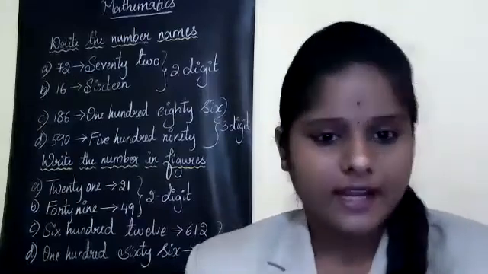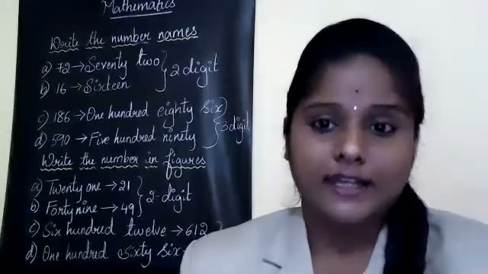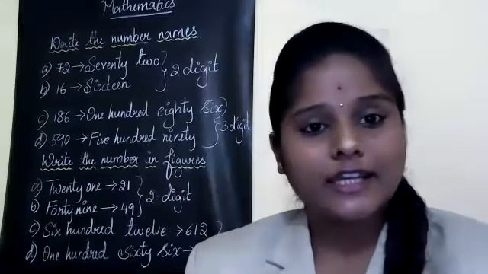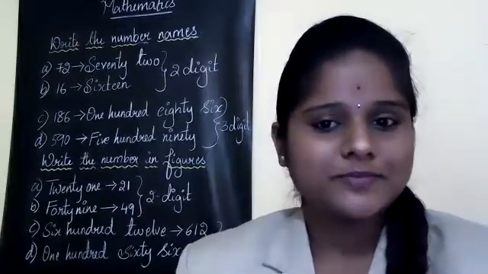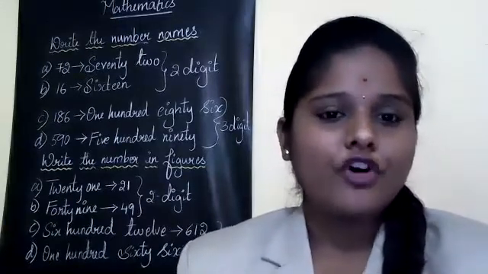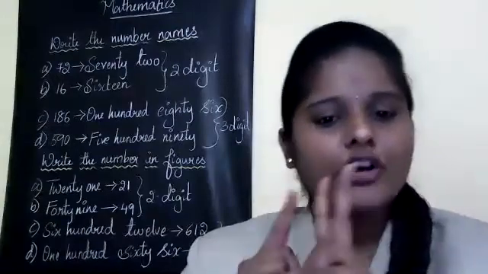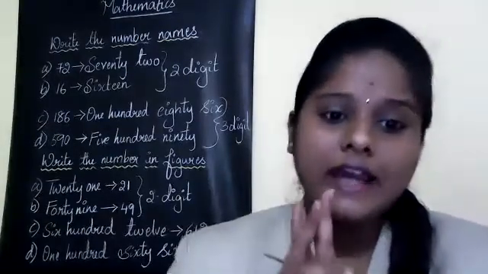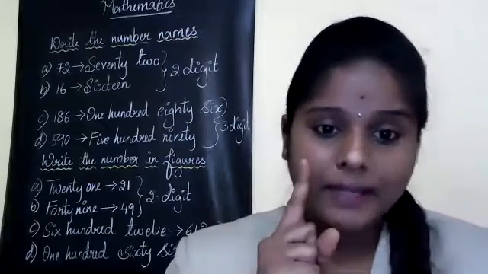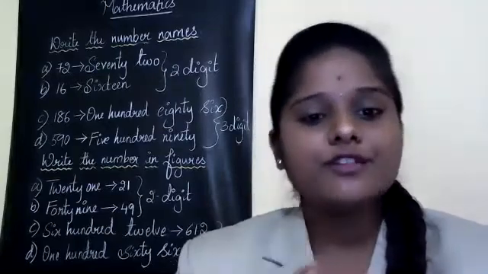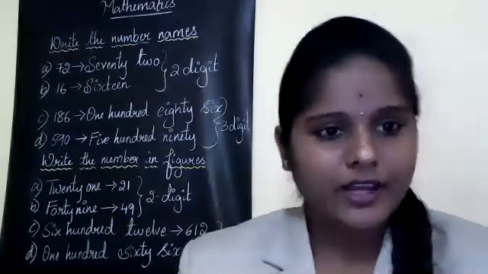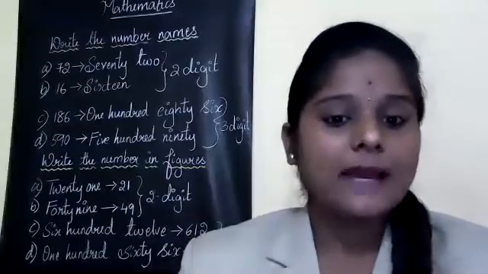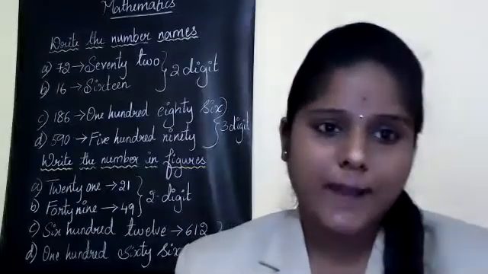Now move to the second example. 49. How to write 49 in digits? 4, 9. Very good. 4 in the tens place and 9 in the ones place. So that becomes 49. Okay. So these are the two examples for a 2-digit number.